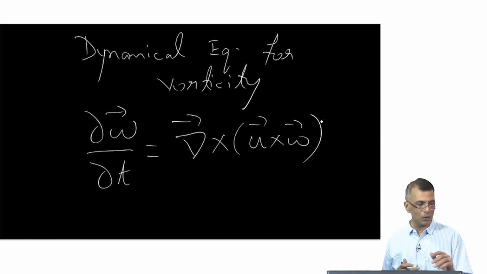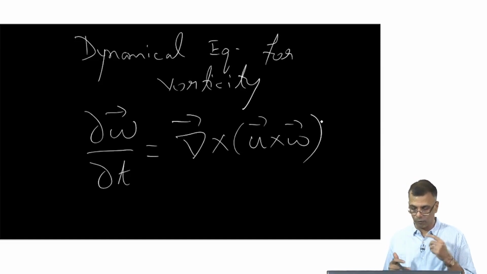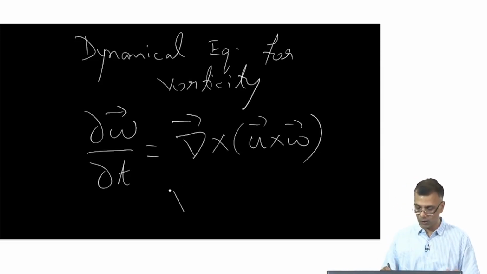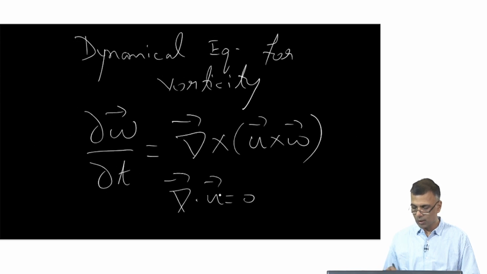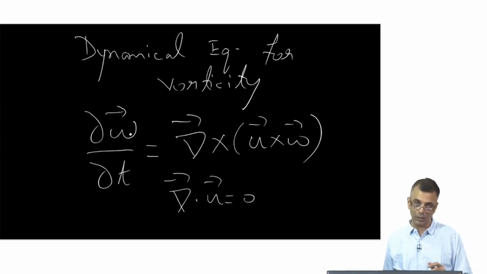Right, and what's more, since all of this is for incompressible fluids, in other words, the divergence of u is zero, that already specifies the divergence of the flow, and this specifies the curl of the flow because omega is the curl of u.